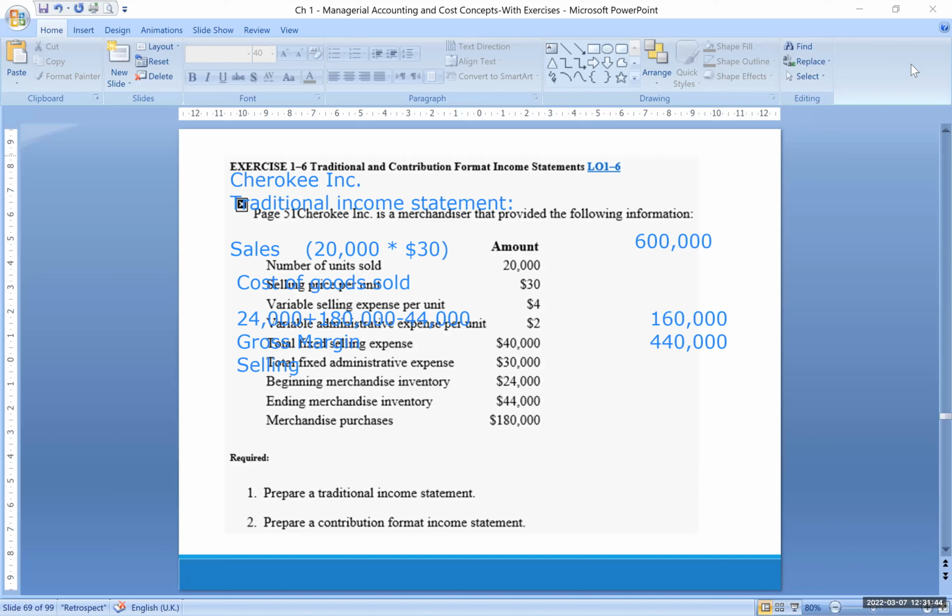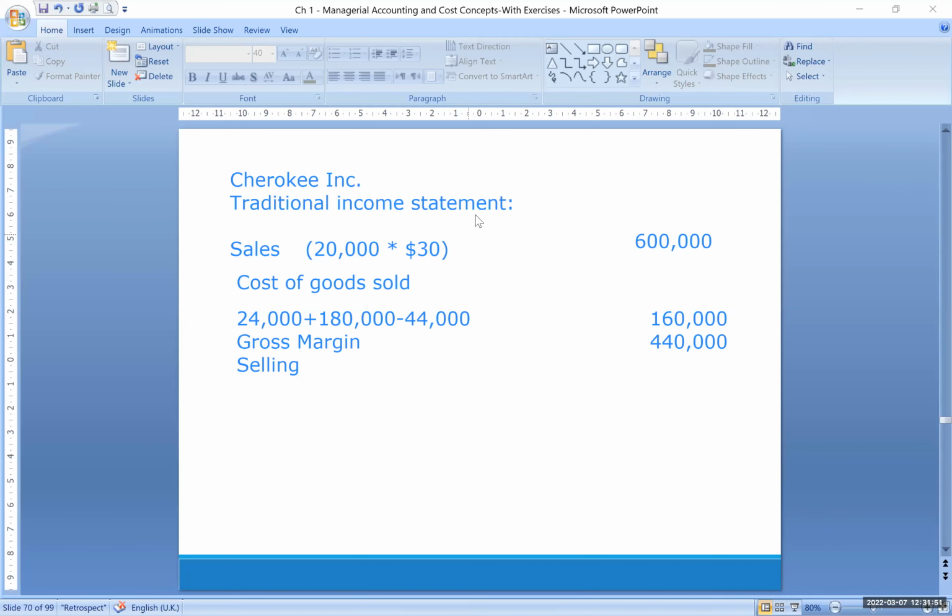So we need to explicitly write it down in the income statement. Selling expenses is a title here, with two parts: the fixed part, 40,000, and $4 per 1 unit sold.